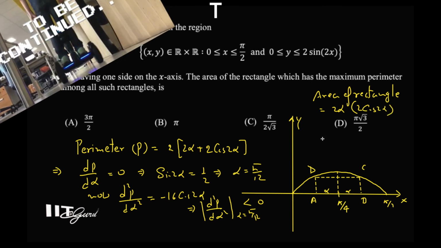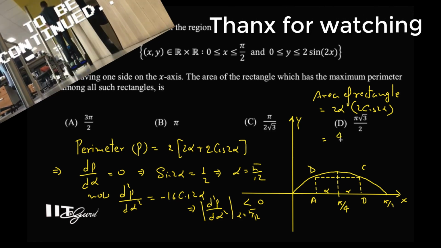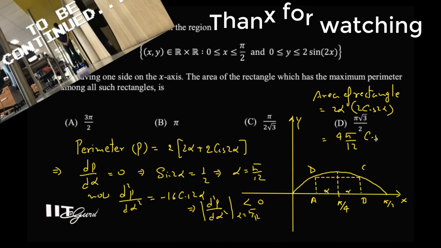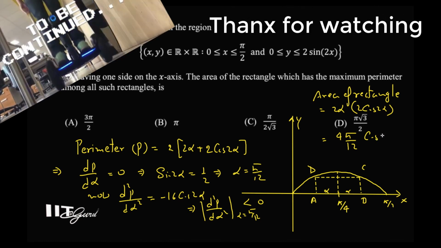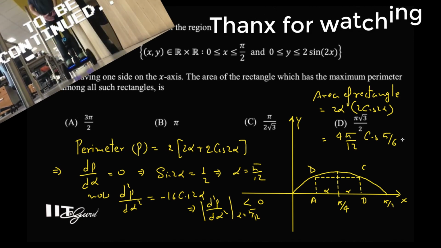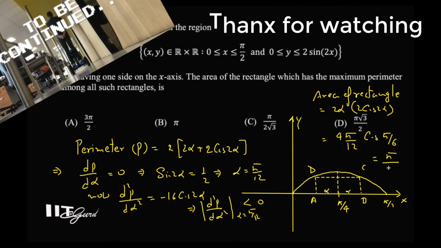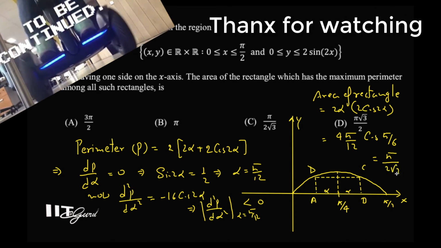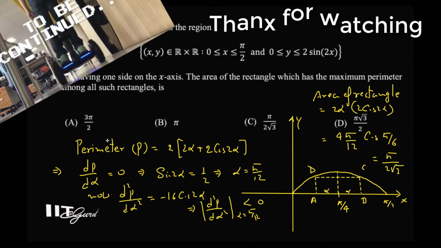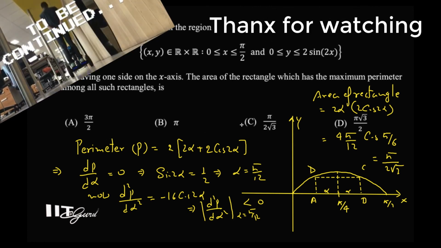So this is 4 pi by 12, and finally cos pi by 6. Hence we get pi upon 2 root 3. So that is pi upon 2 root 3, see the options.